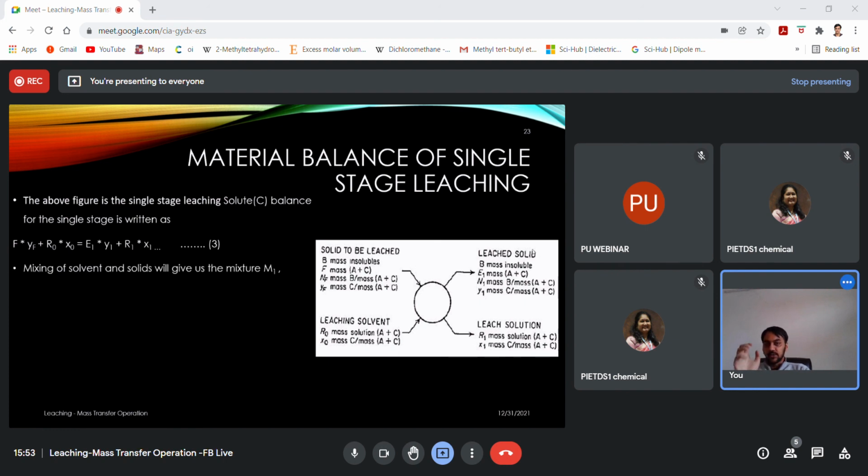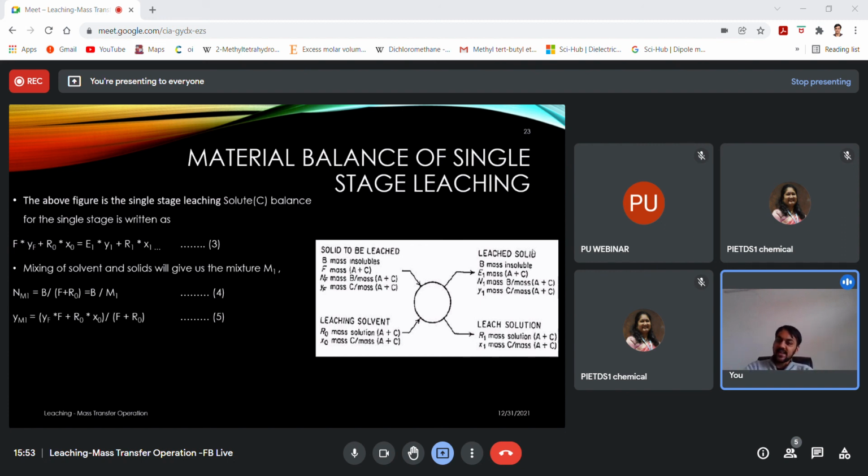Now, first what happens? The leach and solvent both get mixed. So M1, what is M1? M1 is the mixture. Now that M1 is mixed, we have NM1, which is the mixture solvent, right?